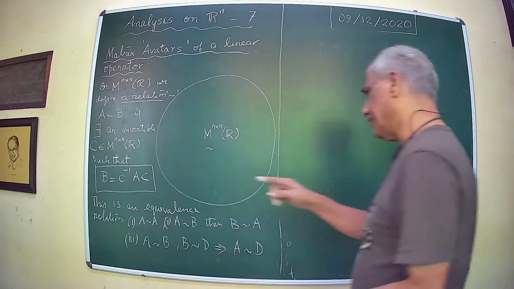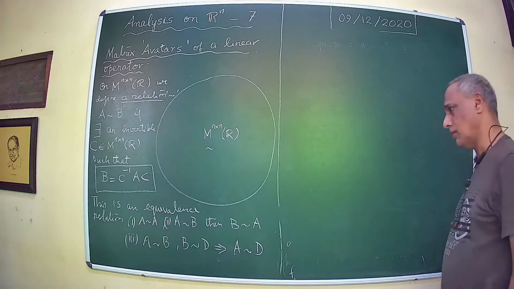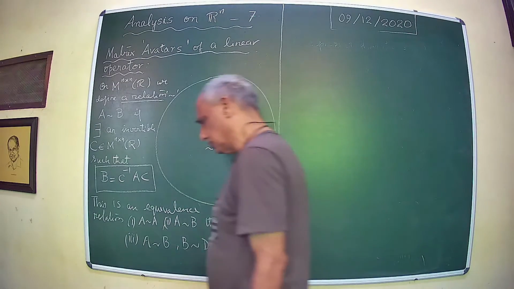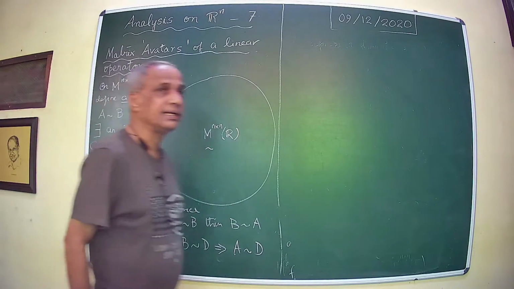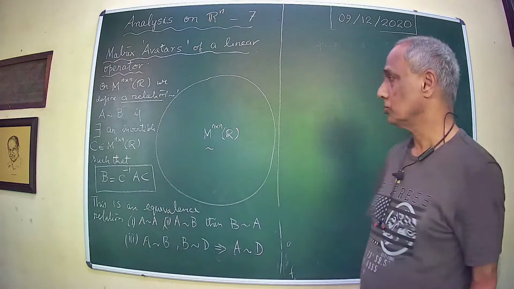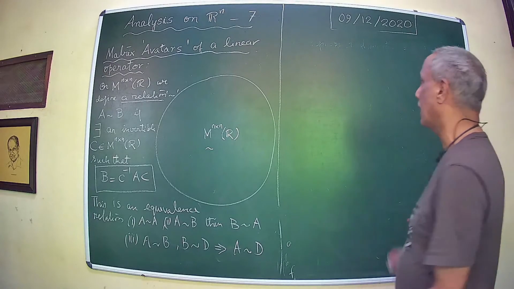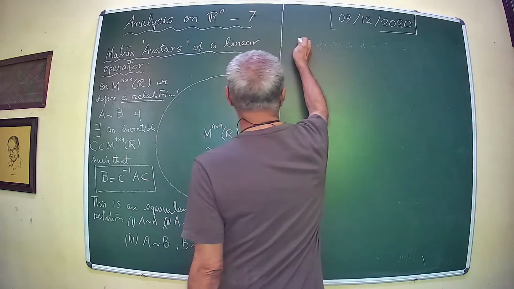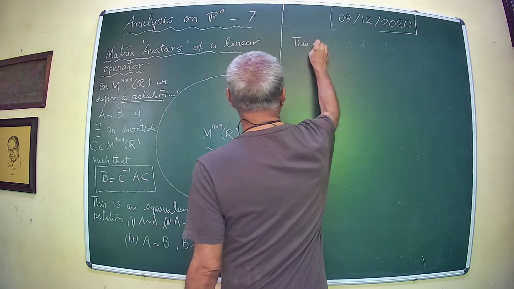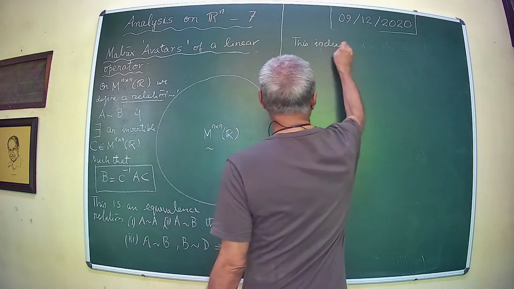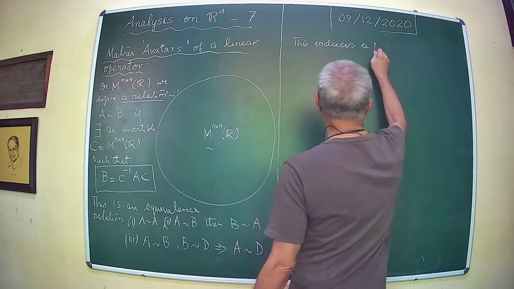So what you have now is an equivalence relation. What does an equivalence relation do? An equivalence relation partitions the set. So this induces a partition on M n cross n.